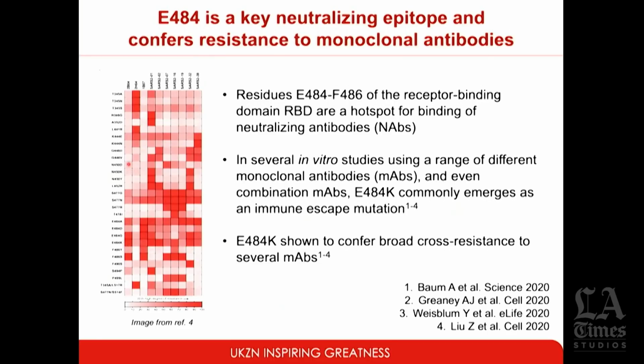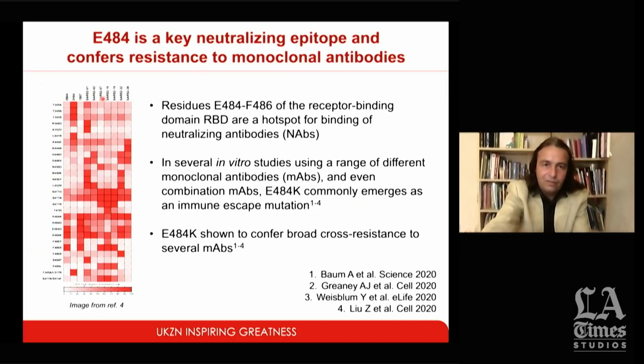So here we have 1, 2, 3, 4, 5, 6, 7, 8, 9, 10. And here we see 6 of them with completely resistance, and the remaining ones with a high level of resistance above 50%. Yeah. And that's the number of different papers that highlight that.